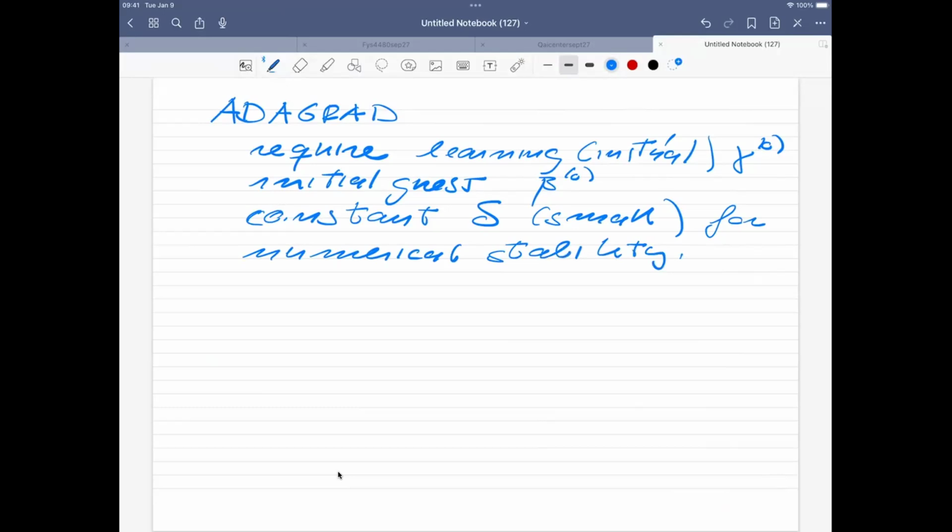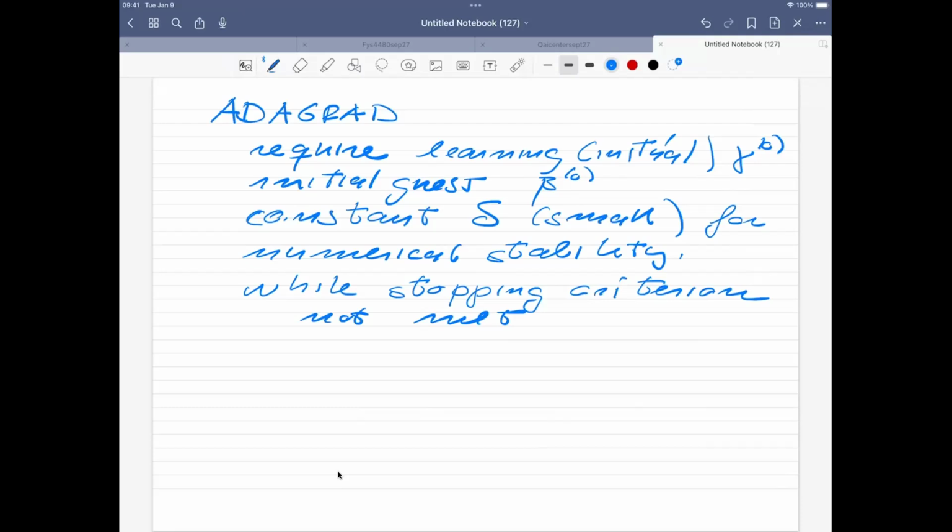And then we would set up a while loop: while stopping criterion not met. This is normally evaluated by taking the difference between the new values of the parameters beta and the previous ones. Then you would take the expectation value of all the betas, and if that number divided by the number of betas is smaller than a certain quantity, then you would stop.